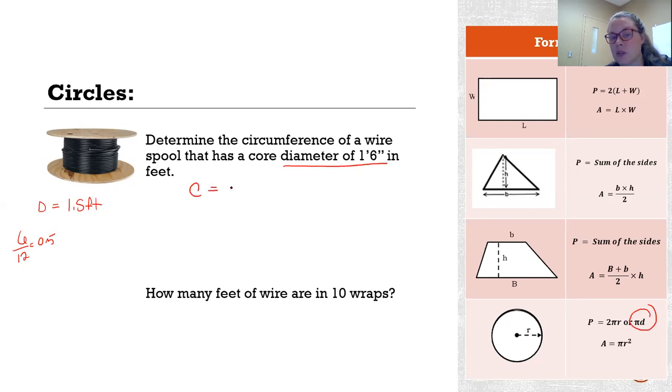So circumference is pi times diameter, which is going to be 3.1416 times 1.5, which gives us a circumference of 4.71 feet. And I'm keeping some extra decimals in there just because I haven't told you where to round to.